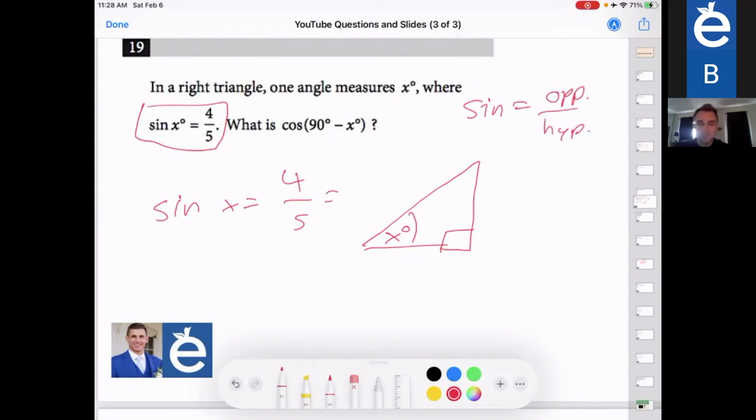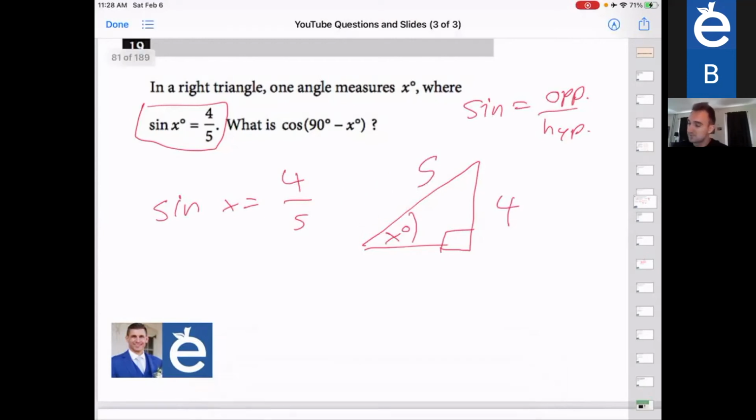So if I map this onto 4/5, this means that 4 is my opposite and 5 is my hypotenuse. So 4 is here, 5 is there.